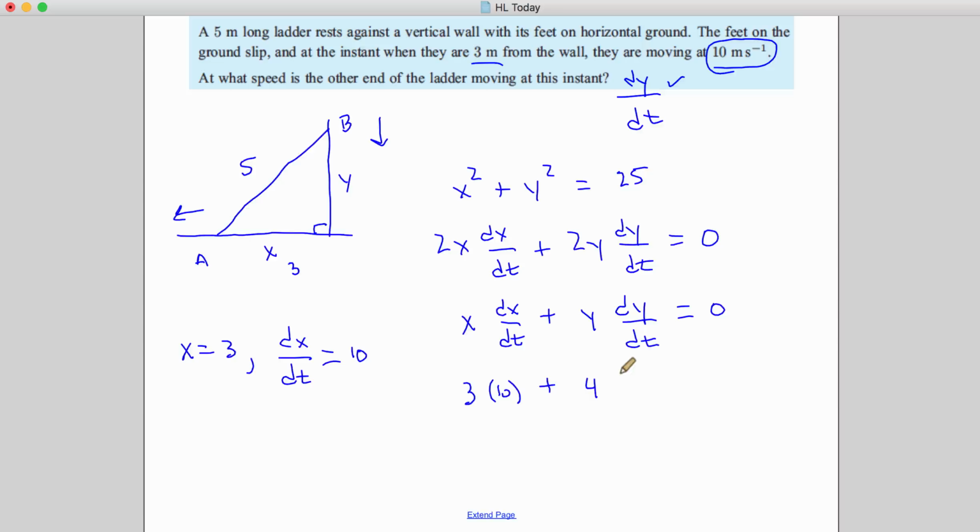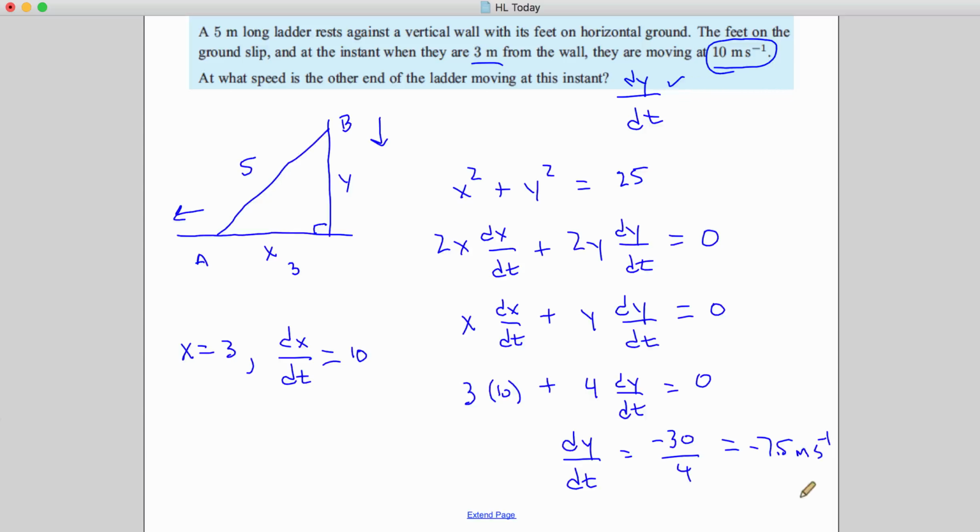So 4 dy/dt, and you can see how this is going to turn out just lovely. We solve for dy/dt, and we get negative 30 over 4, which is negative 7.5, in meters per second.